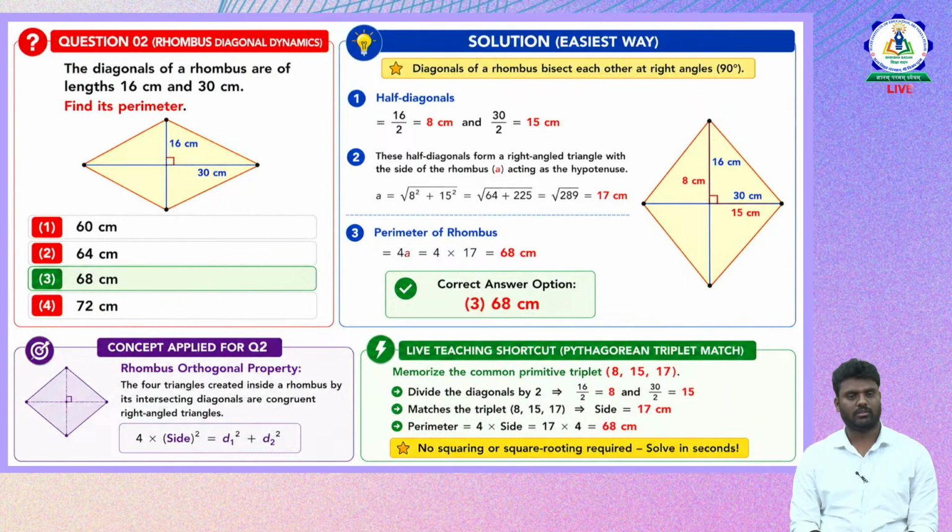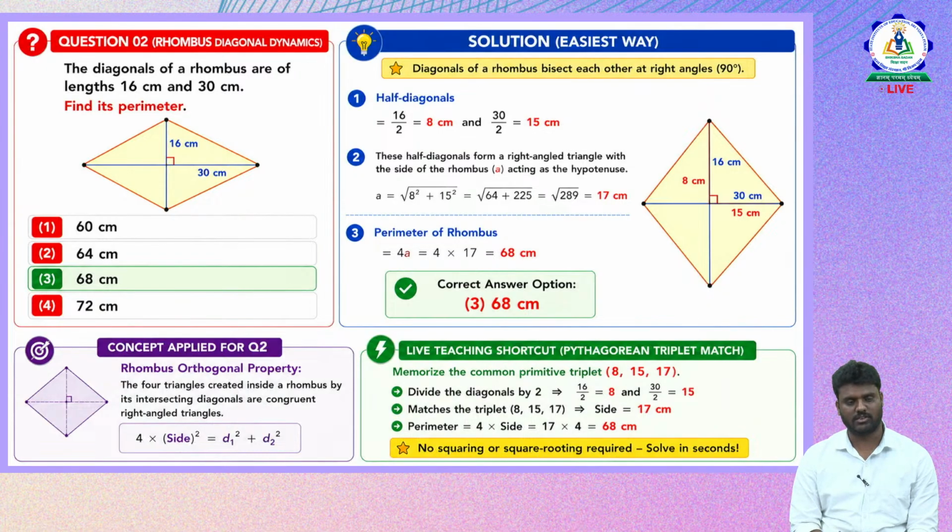Now question 2: the diagonals of a rhombus are of length 16 centimeters and 30 centimeters. Find its perimeter.